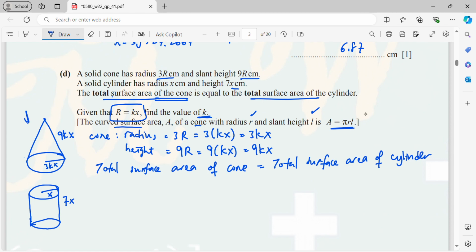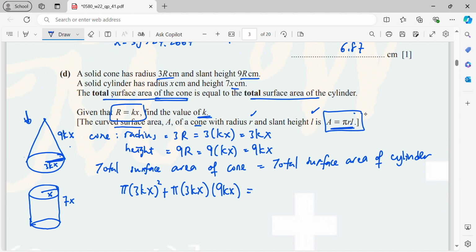By looking at this diagram, the total surface of the cone is the base area, that is the circle. Circle is pi r squared. So I will write pi, my r now is 3kx, therefore (3kx) squared. That is the area of the base, plus the curved surface area. This is the formula. That will be pi, the r here is 3kx, and the L is the slant height, which is 9kx.